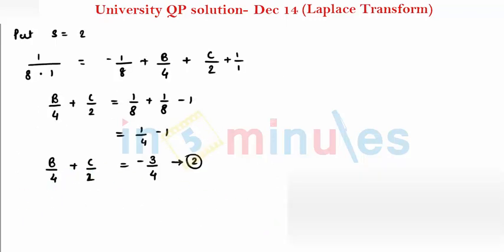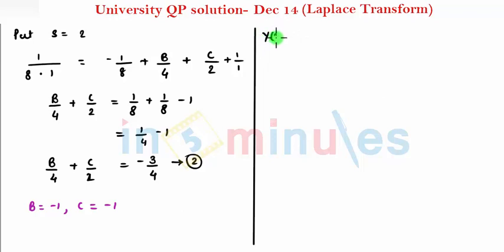After solving the two equations, we get b as minus 1 and c as minus 1. So I can substitute in the main equation.